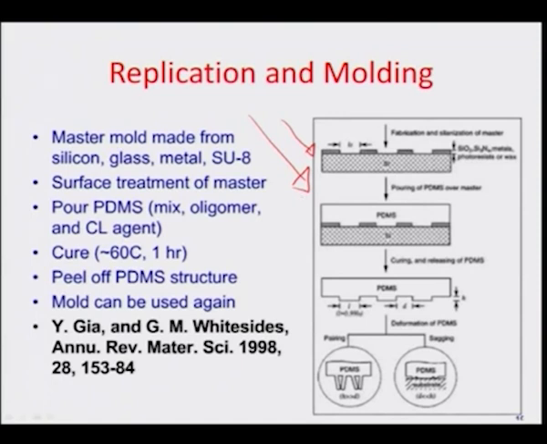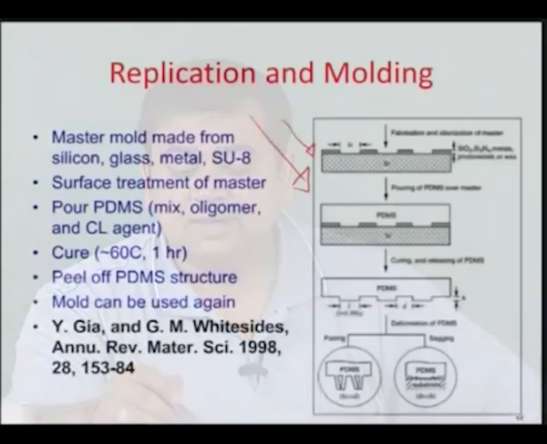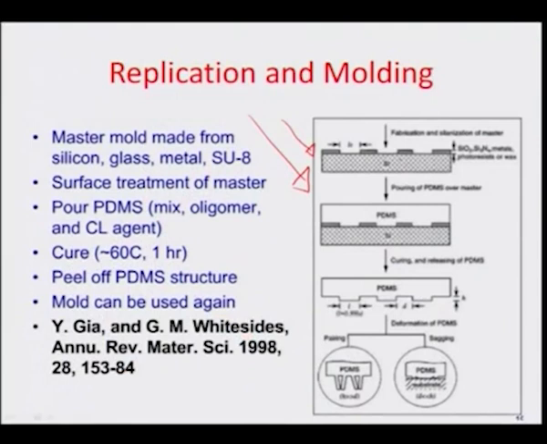Once this mold is prepared, the mold is coated with some surface treatment, a layer of HMDS or some hydrophobic material. This is a mold release agent that we are talking about.